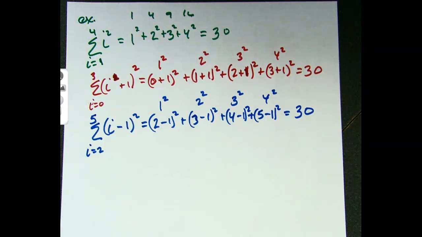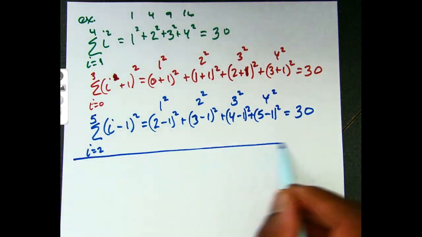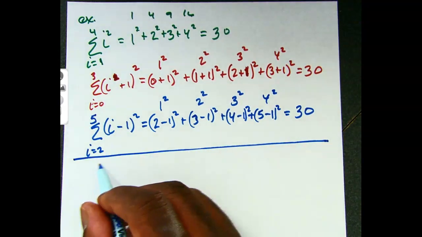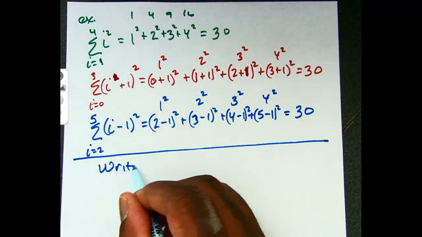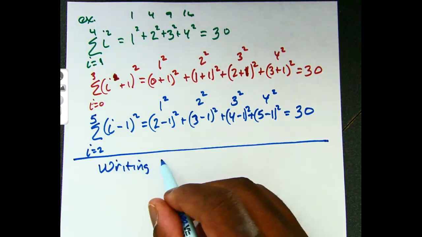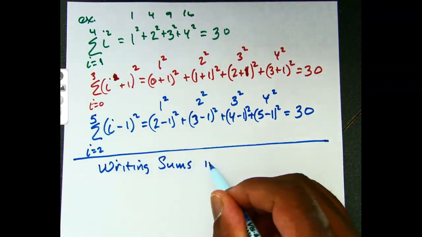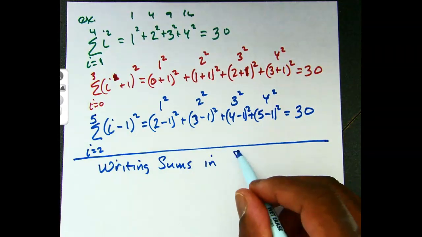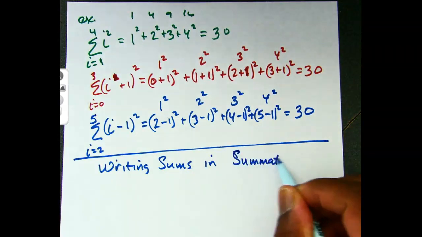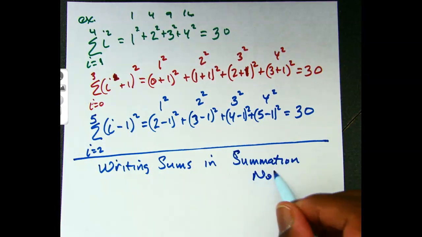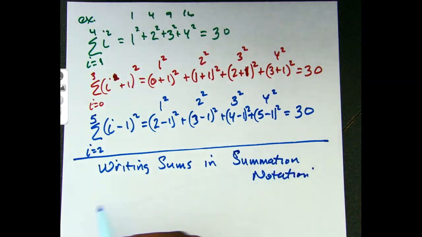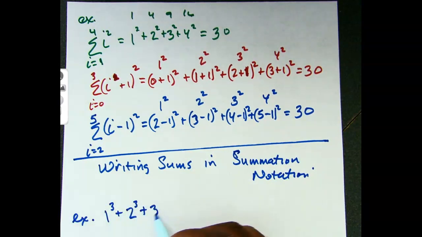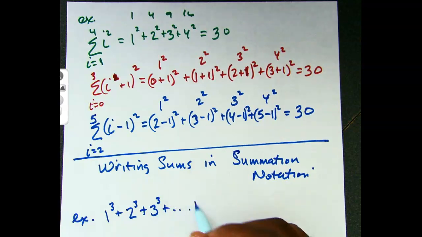All right, so let's take a look at writing sums in summation notation. So for example, 1 cubed plus 2 cubed plus 3 cubed, and our last term is going to be 7 cubed.